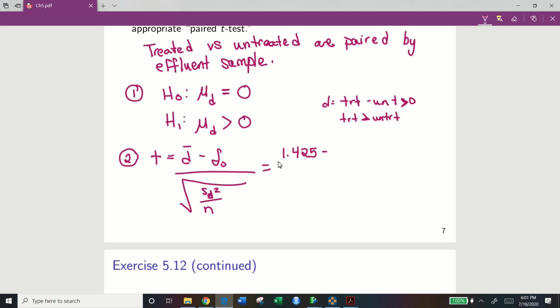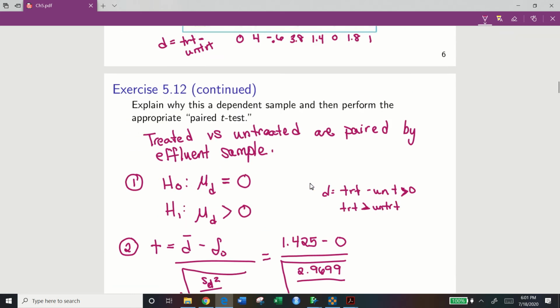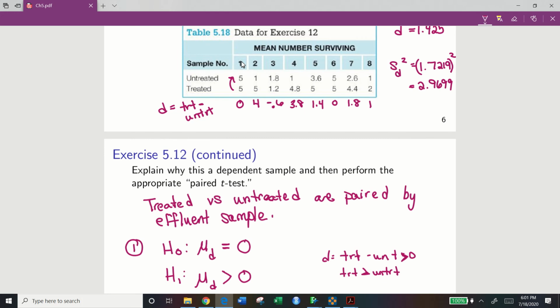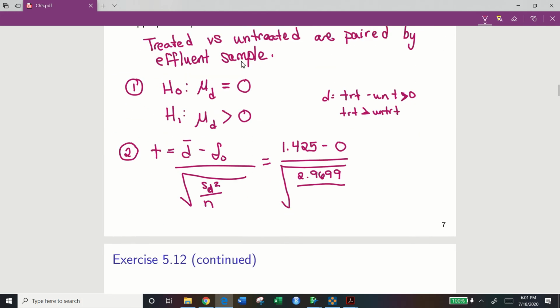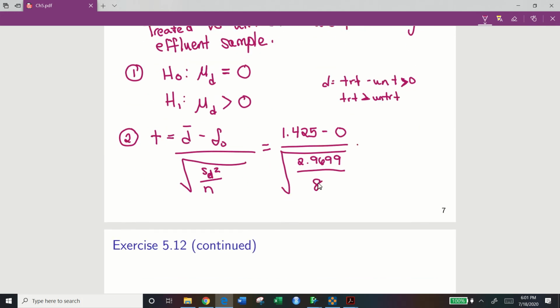And we are going to subtract 0, take the square root of 2.9699, and double checking, we've got 8 samples. So divide by 8. Now we can plug into our calculator and get our test statistic of 2.34.